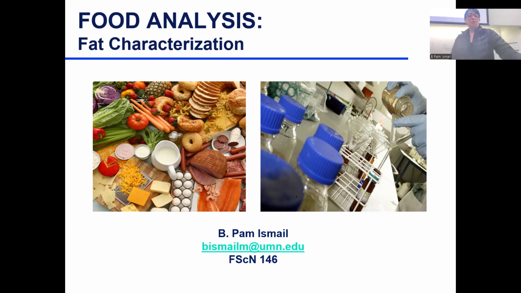Okay. Who in this department likes fat characterization? There you go. All right. Who likes carbohydrate characterization? No? You? Okay, great.